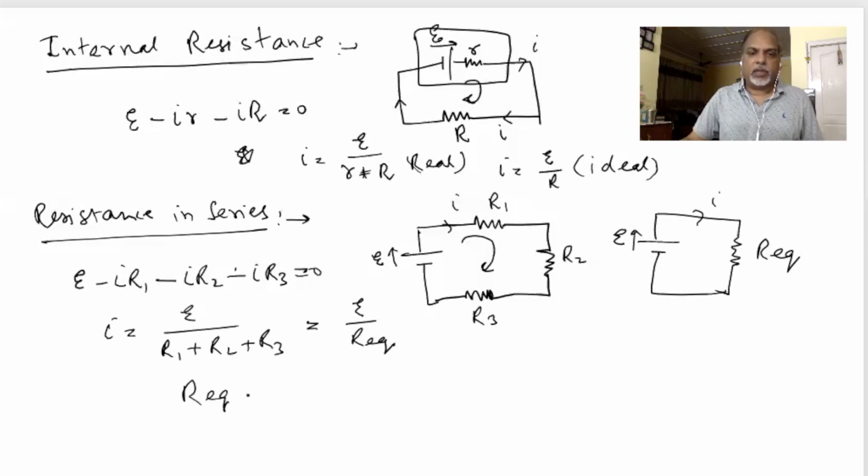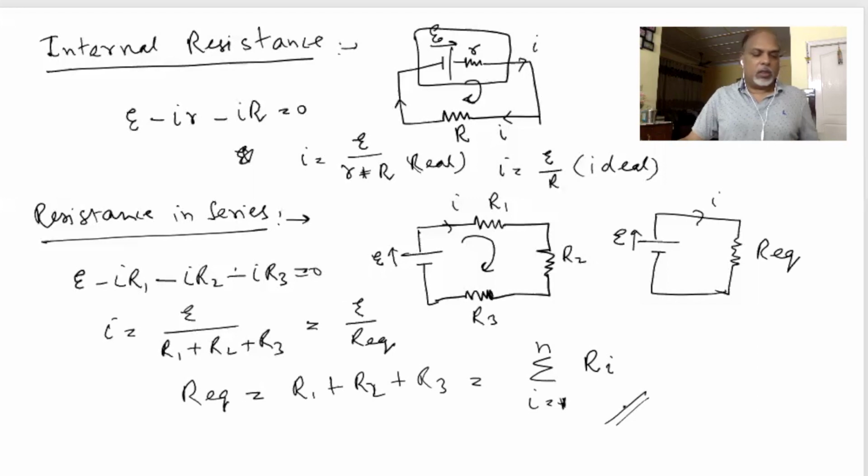In case of series resistances, R equivalent will be R1 plus R2 plus R3, or if there are a number of resistances, then it will be the sum of all the R. So this is the case when resistances are joined in series.